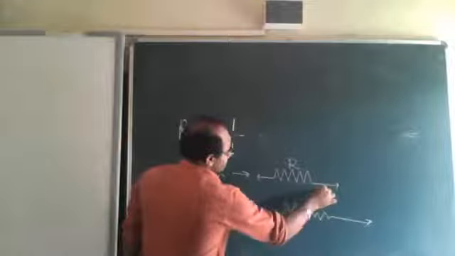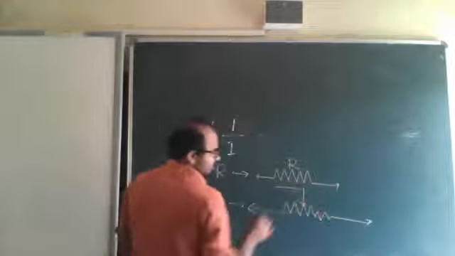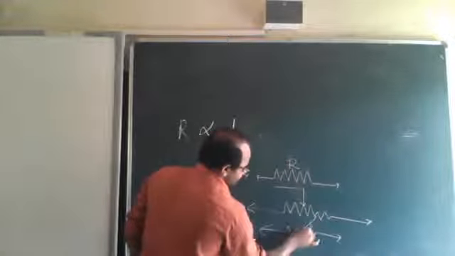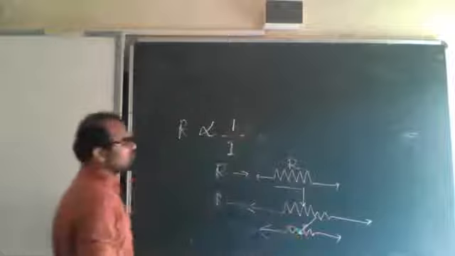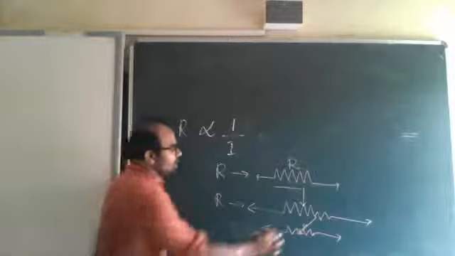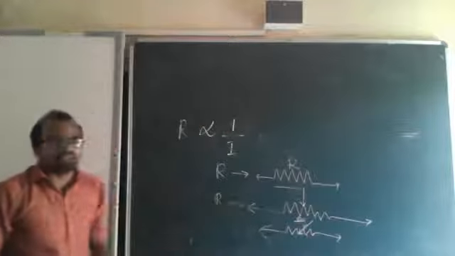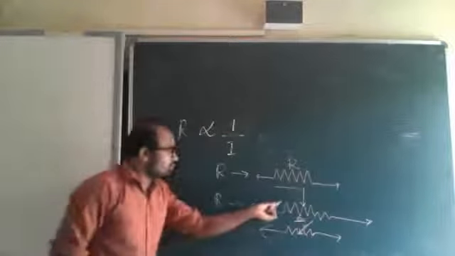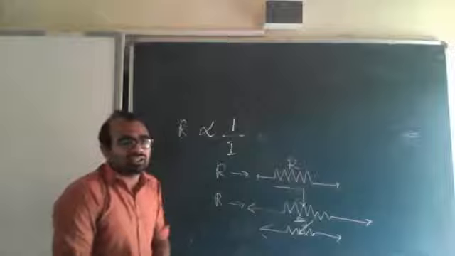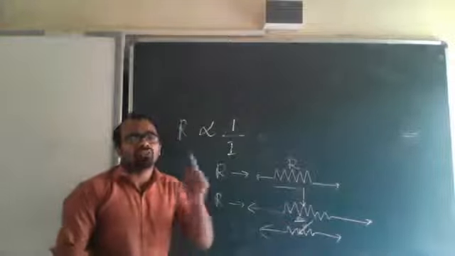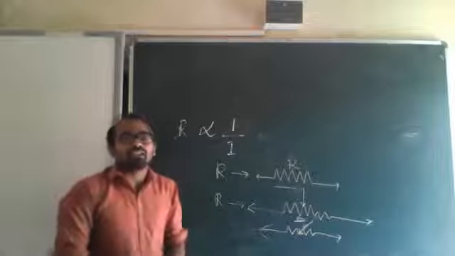Sometimes in an electrical circuit, we represent it like this, or like this. These two are variable resistance. Variable resistance means in the circuit the resistance can be varied. It can be changed by using the instrument rheostat.